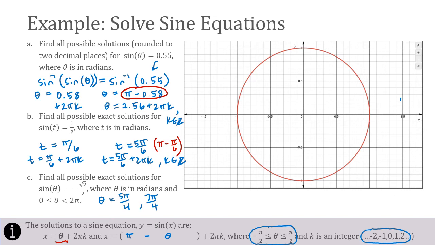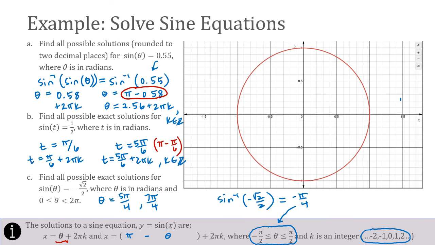If I had put sine inverse of negative square root of 2 over 2 into my calculator, it would have given me the solution of negative pi over 4, and that is because of this limitation.